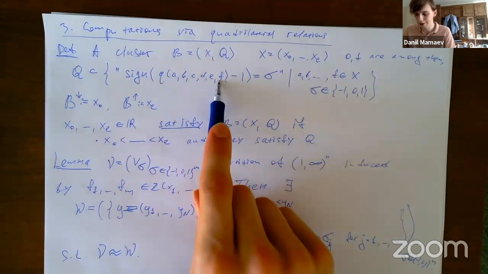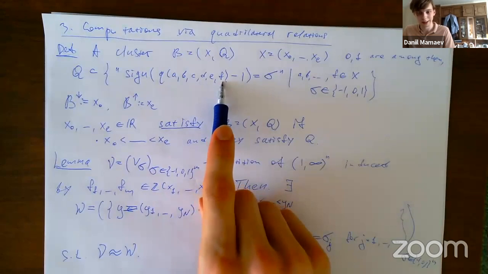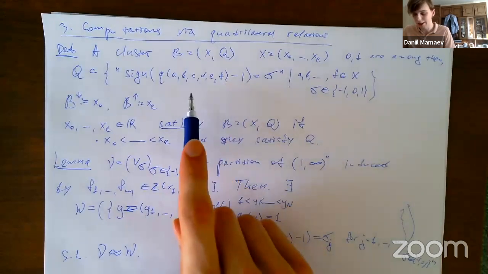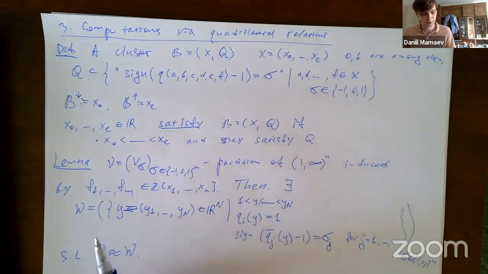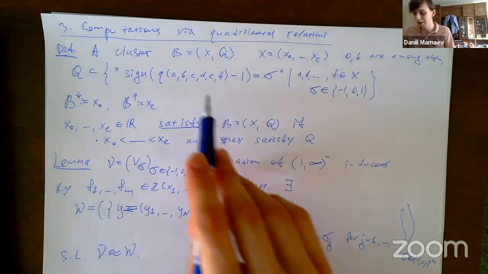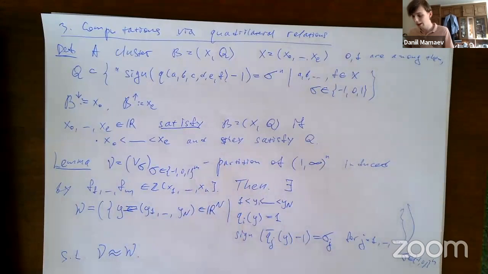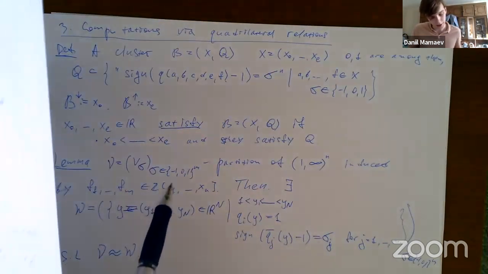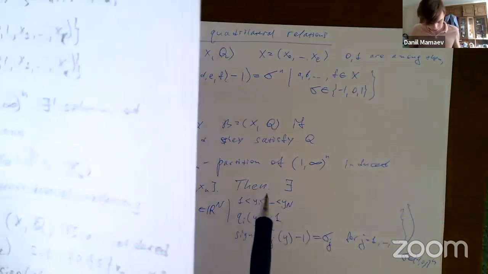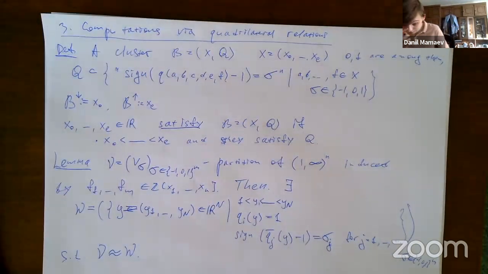So for each of these A, B, C, D, E, F, you know its value. So you just substitute it. You compute your quadrilateral ratio, and you check if this is true. Everything is ordered because our quadrilateral ratios do depend on the order. They change sign if you change the order. I can't find the definition, but yes, they do change sign.